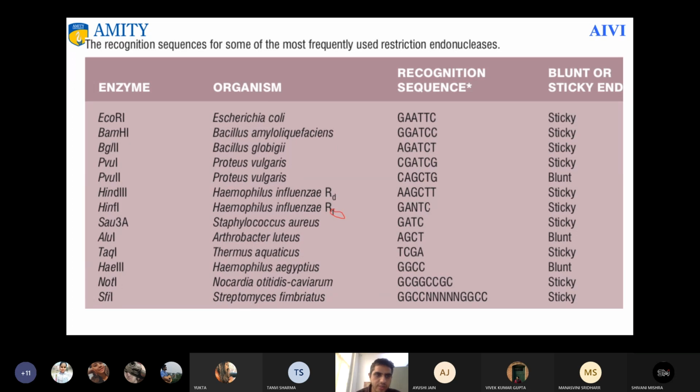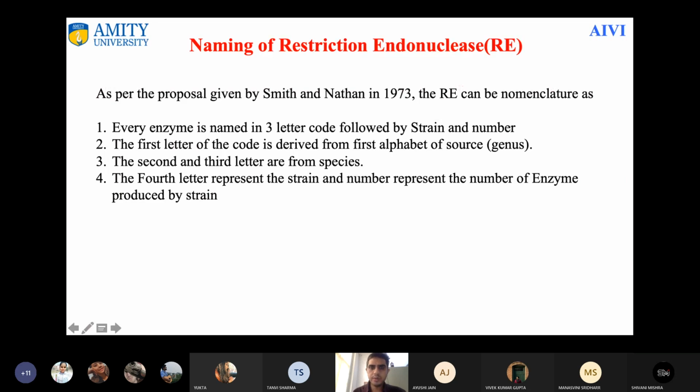F is the strain in this case, so the 4th letter is F, and I is the first enzyme, so HinfI is the name. Hin is italicized because it is derived from the genus and species of the source organism. So this is about nomenclature.